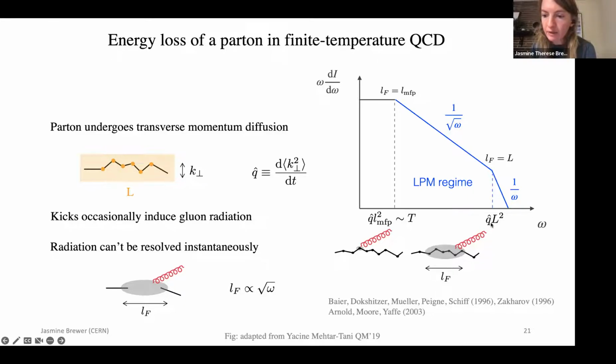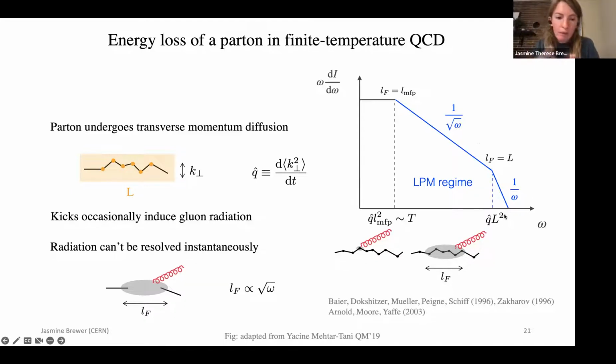The other important regime of this radiation spectrum is once the formation length is longer than the length of the plasma. Then all of the momentum transfer which you could acquire from the plasma happens before the medium resolves it.